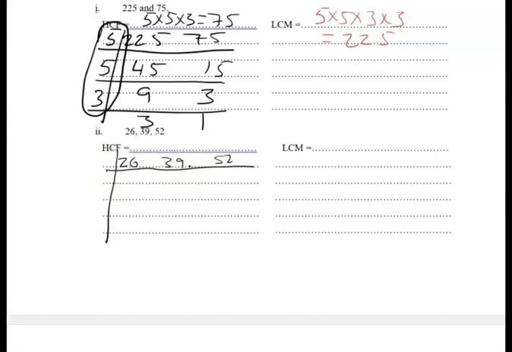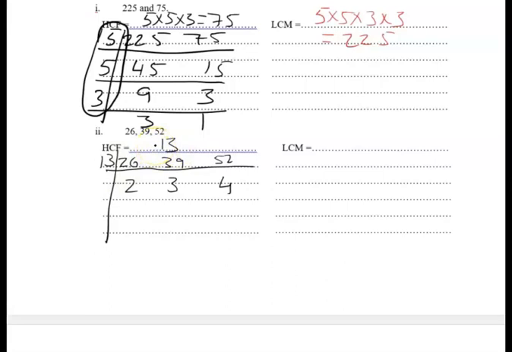Now for this one, it's not going to be very obvious, as the number we can divide them by is going to be 13. So we're going to divide by 13 on the column here. And we're going to get 2, 3, and 4. Now there's no common number I can divide them all by, so we're going to end the process here. So the HCF is just going to be the column on the left, which is just 13.